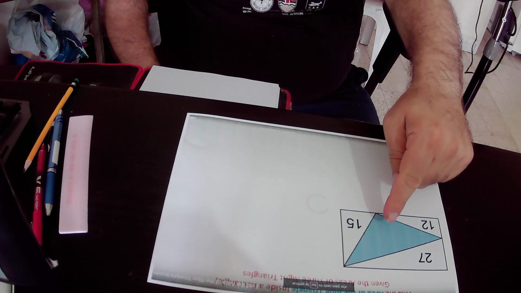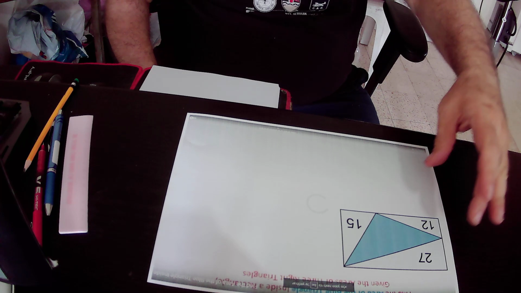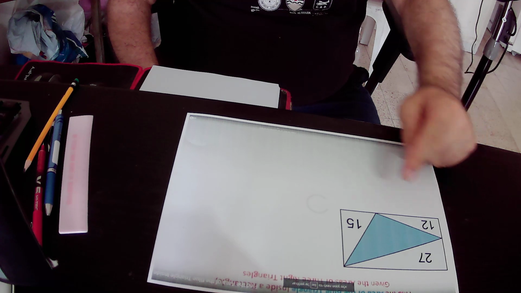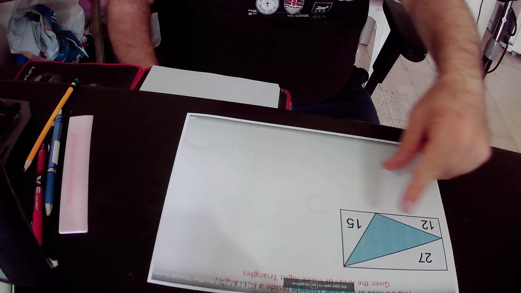So actually, in order to find the area of this blue triangle, the only thing that we need to do is to find the area of this rectangle, and after we have found the area of the rectangle, we will subtract the areas of the three right triangles from the area of the rectangle that we have found.